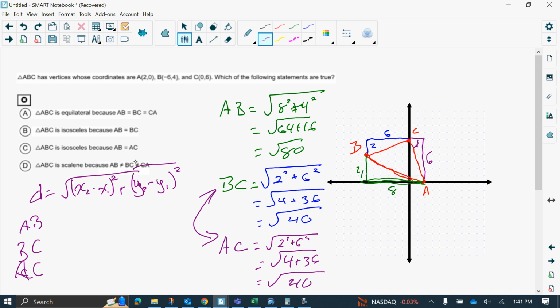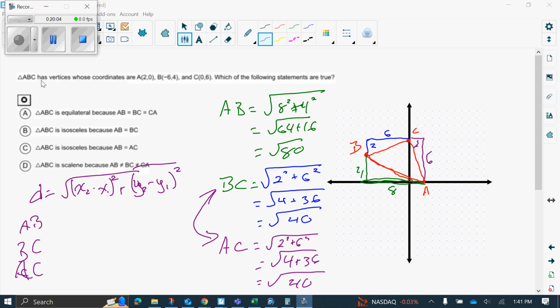So AC and BC are equal. And so apparently I made a little typo somewhere. Either that or I made a really big mistake. 6, 2, that's 4. Let me hit pause while I check.